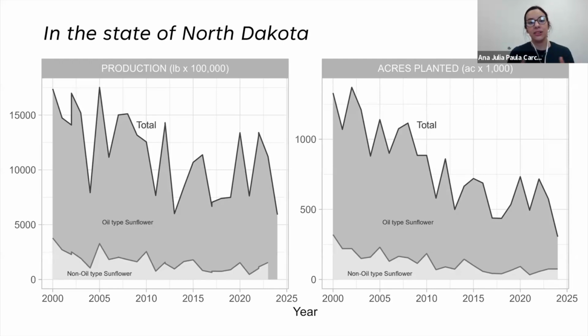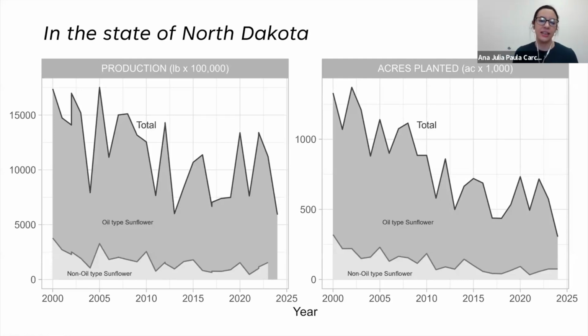And here what I'm showing is from the USDA. It shows how the acres and the production of sunflower have changed across the years. Even though we can see a decrease in acreage, we hope that next year, with good prices, it will change. We can see that the production, although variable, has remained pretty much constant.